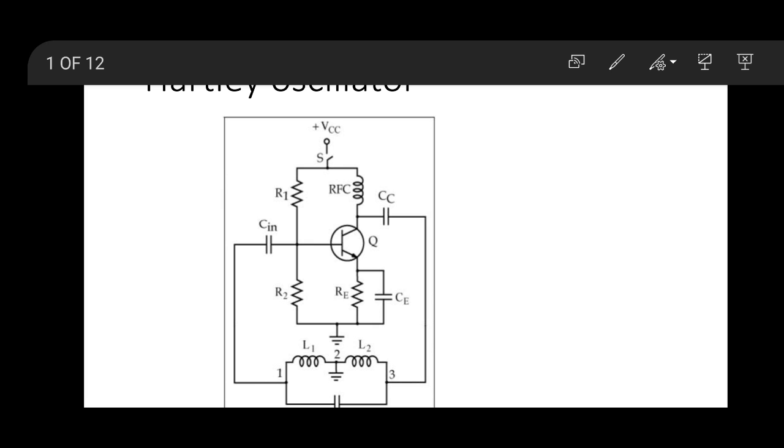So the total phase shift is 0, we apply positive feedback, and the loop gain is 1.